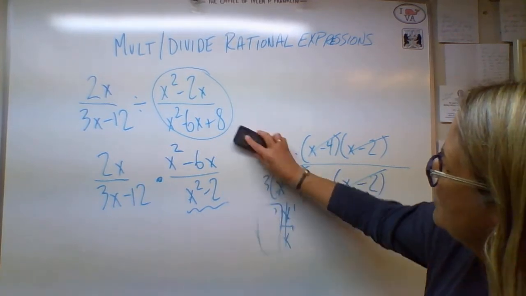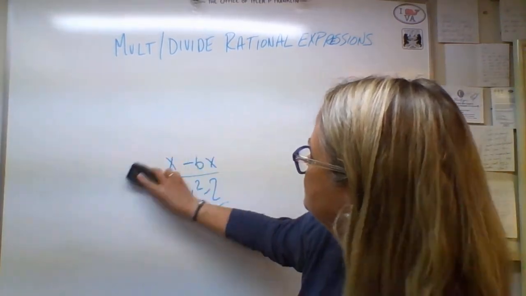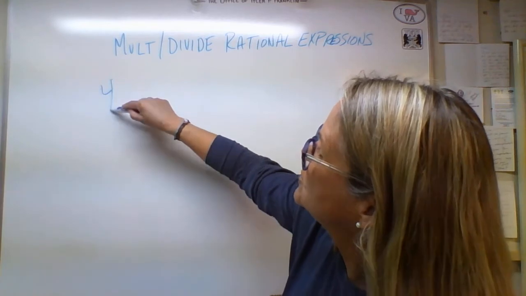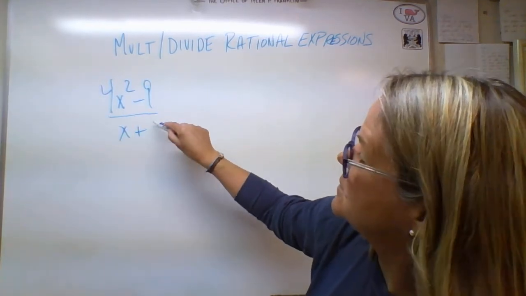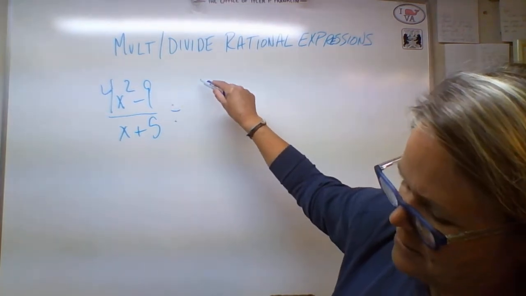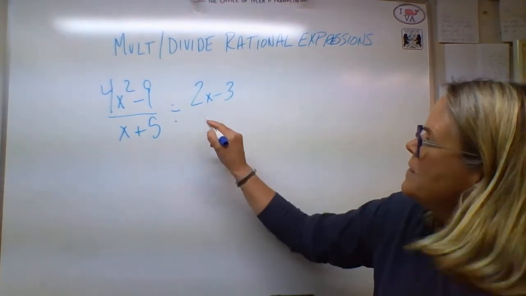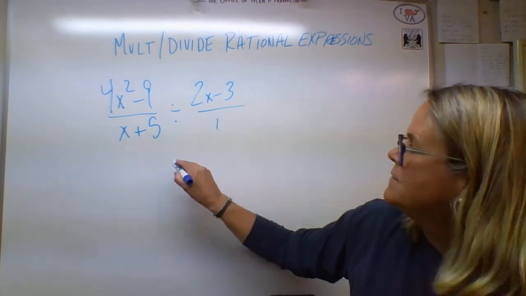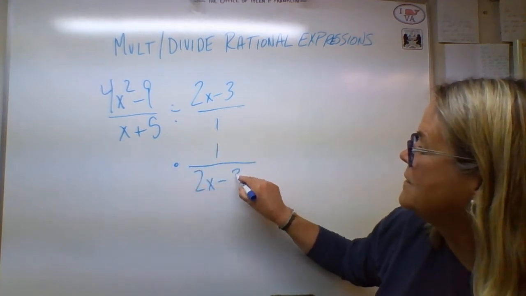Last one, I just want to make sure if I gave you 4x squared minus 9 over x plus 5 divided by 2x minus 3. So you want to think of, remember, that's over 1. Since it's division, you're going to flip the second fraction.